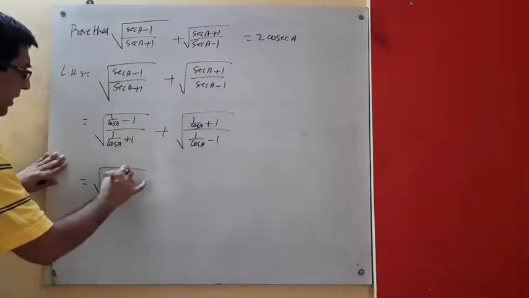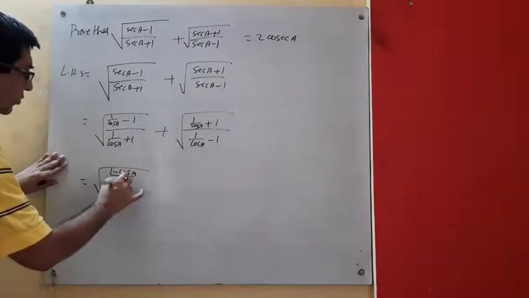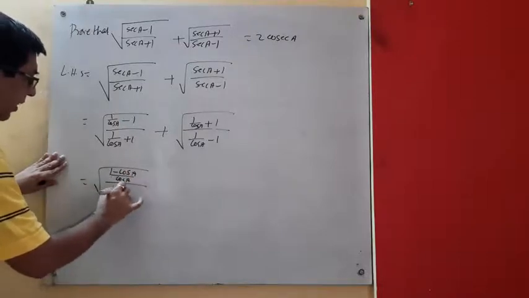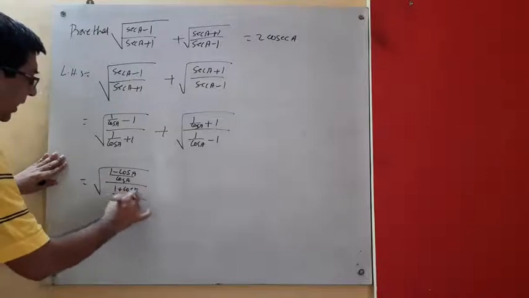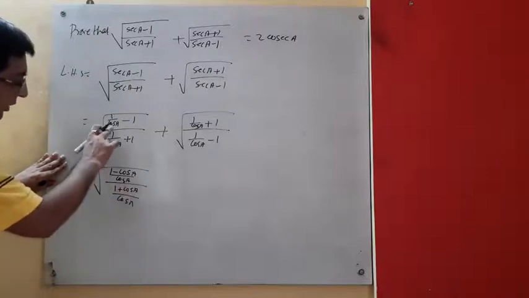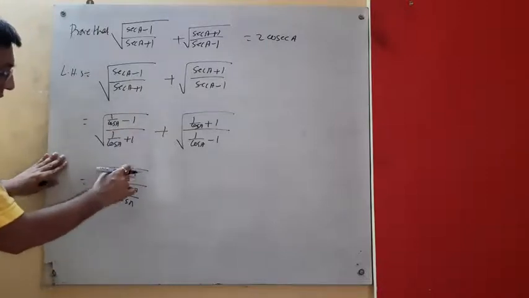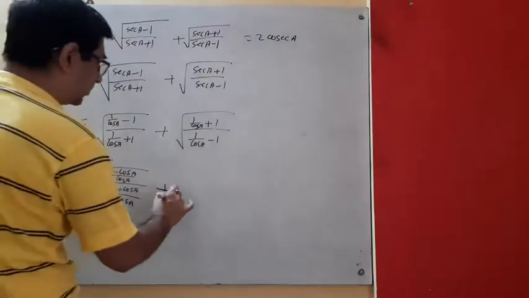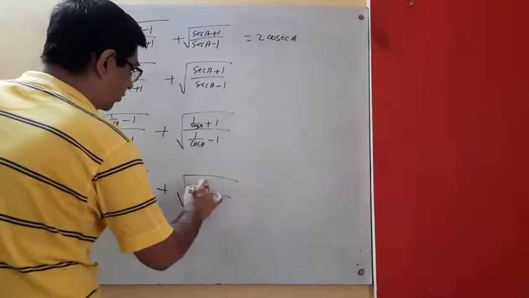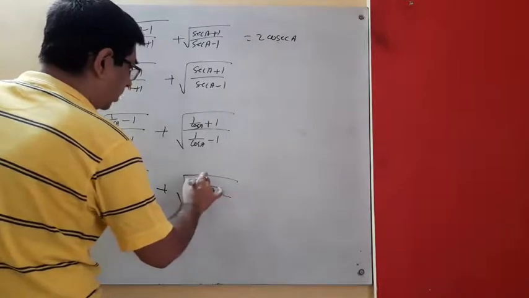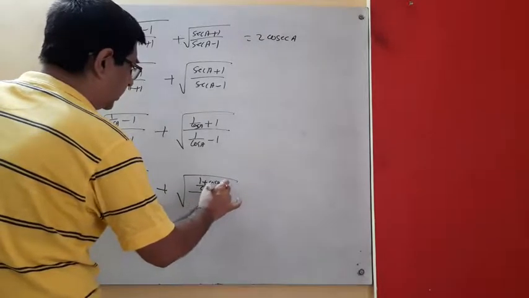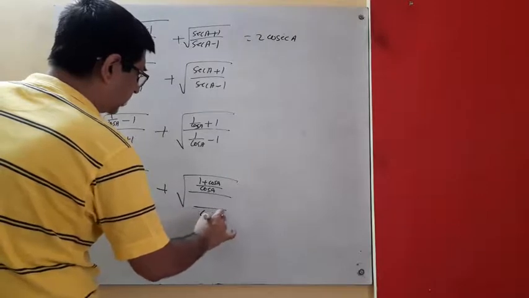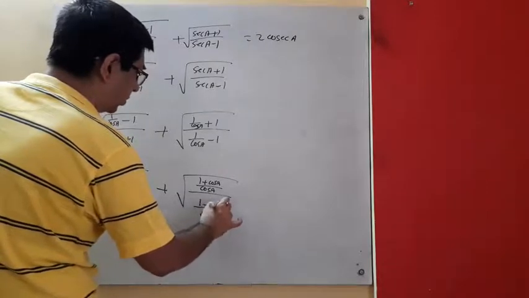This is 1 minus cos A by cos A, and this is 1 plus cos A by cos A. Cos A is the LCM, so 1 minus cos A by cos A, 1 plus cos A by this one, plus cos A, 1 plus cos A, and cos A, 1 minus cos A.